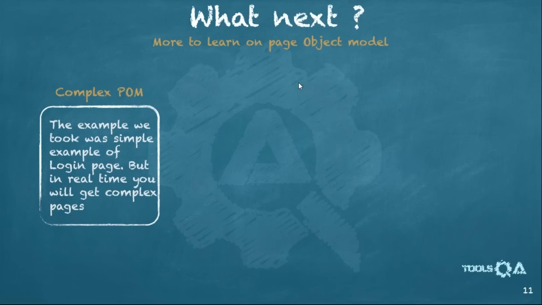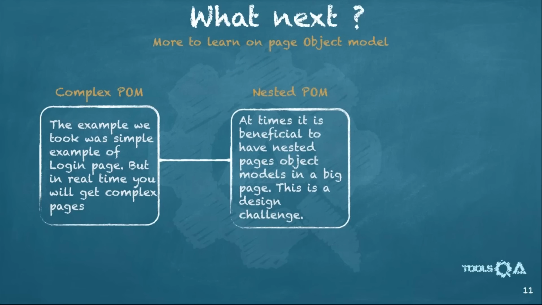Now, complex page object models are not a single class. They are actually multiple classes which are bound together using the inheritance principle. So those are the complex forms that you would need to understand as you move forward. And once you understand the complex form, then you would also want to understand nested forms.